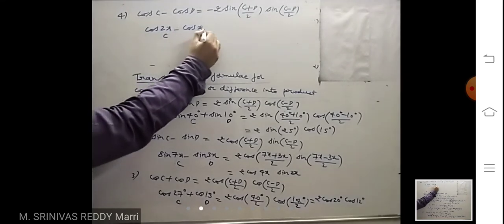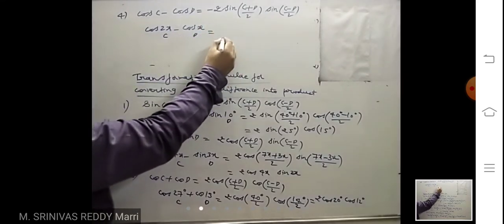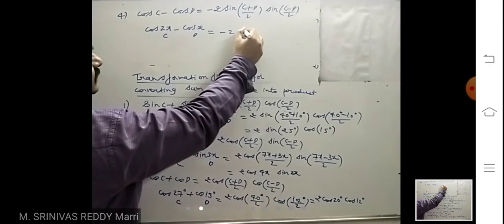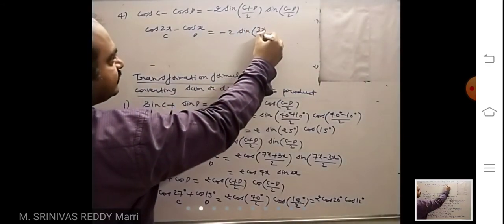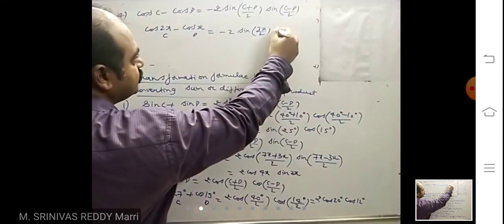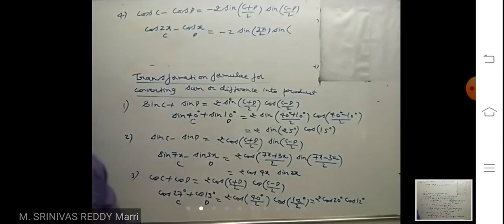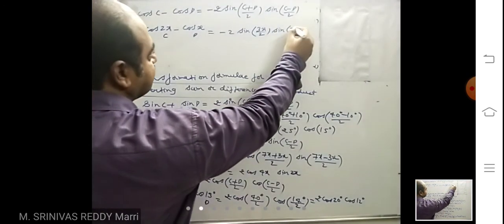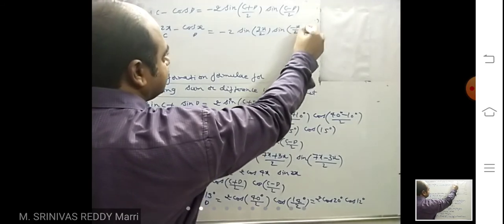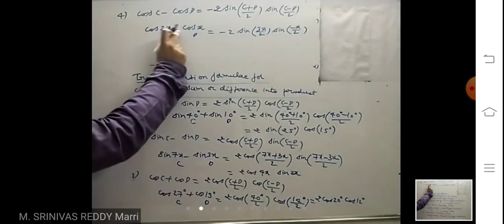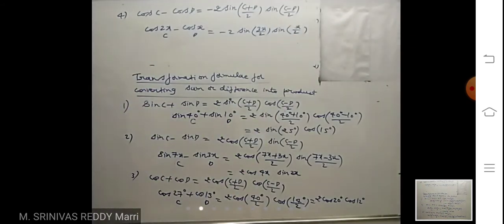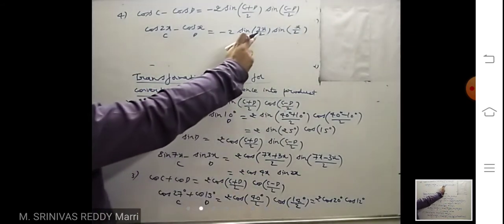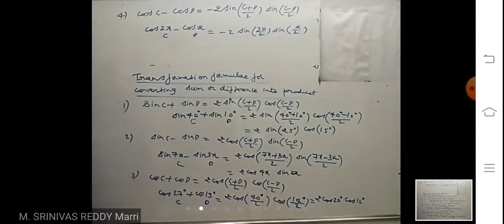So this is C, this is D. Here, with the minus, you will get minus 2 sine (C plus D) by 2, that means 3x by 2, into sine (2x minus x) by 2, that is sine x by 2. So that is the formula: minus 2 sine 3x by 2 into sine x by 2.